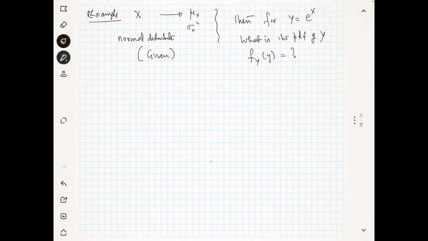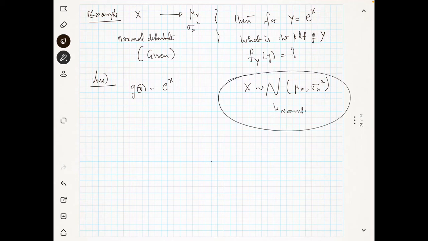You know that our g(x) is taking the form e power x. This is our g(x), and our x is a normal distribution. It will usually be represented as a normal distribution with mean mu x and variance sigma x square. This is the usual representation for the normal distribution, which you can see in many research articles.